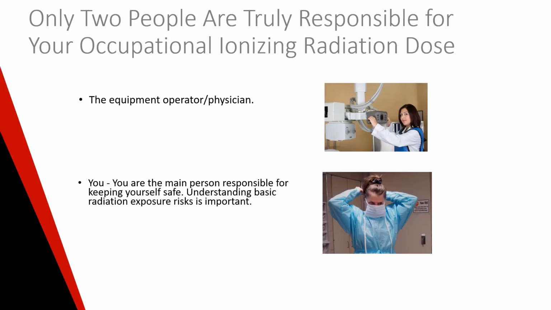Well, this presentation is about radiation safety. So after getting some of the background, let's take a look at who is responsible for the occupational radiation dose that you receive. And really, there are only two people responsible for your occupational dose. That is the equipment operator, whether they're a technologist or a physician, and you.